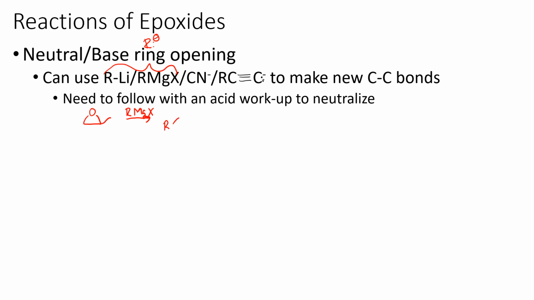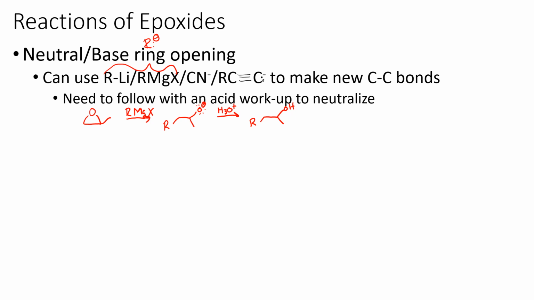That R will add once again to the less substituted side, and when we initially open up that ring, we open it up with the alkoxide anion. We would then have to follow this up with some sort of an acid workup, so we'd have to put it in the presence of an acid so that we can get to that neutral alcohol at the end. So these will typically occur in two-step processes instead of just a one-step process.